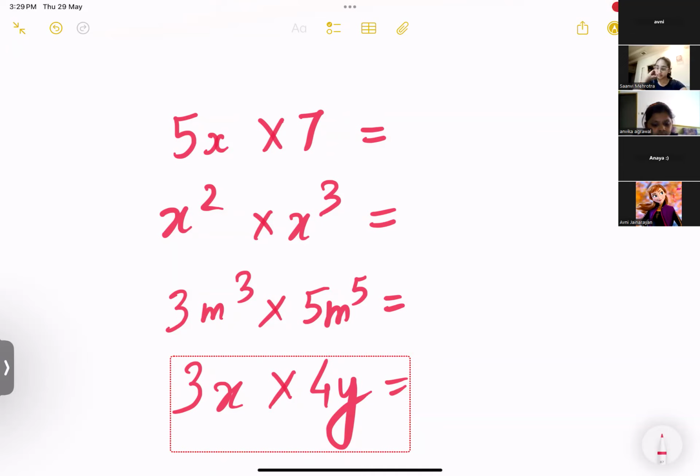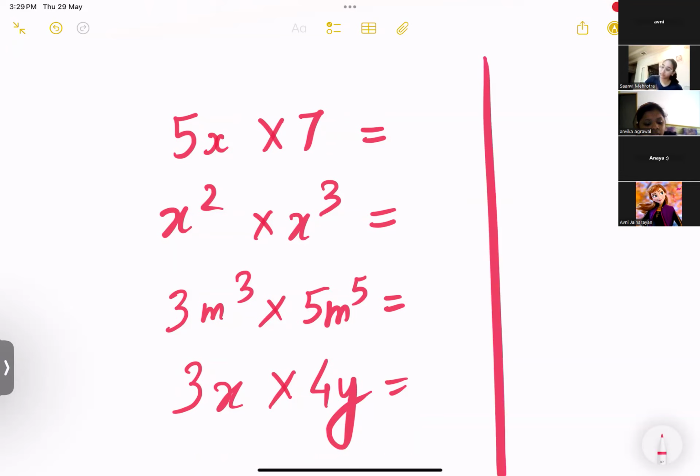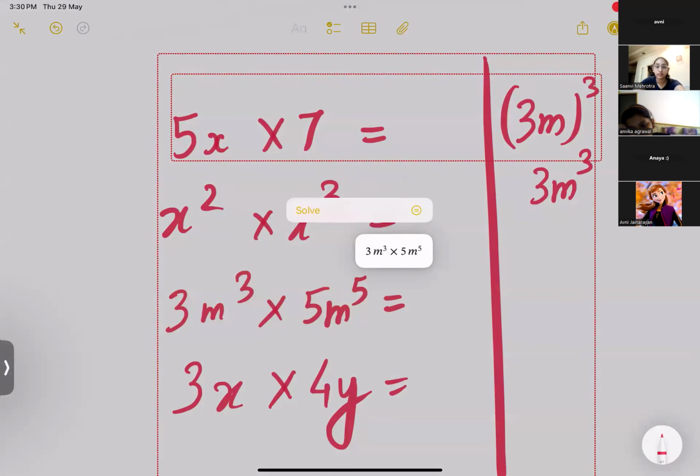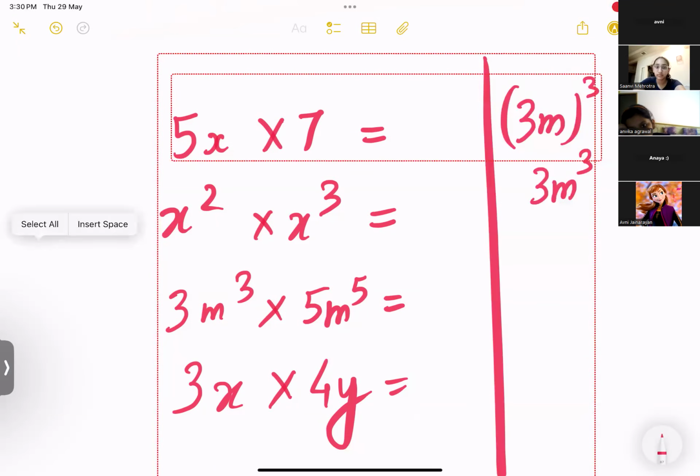Now, let me, where's my pen? Okay, so see, there is a difference: (3m) whole to the power of cube and 3m to the power of cube. Now, can you solve? Yes, ma'am. Ayantika, I think you did not follow.